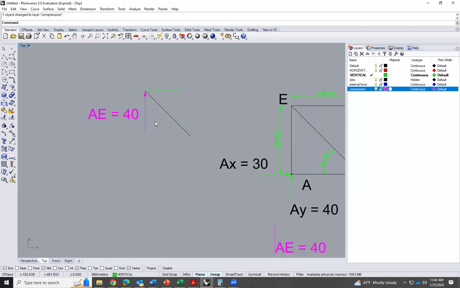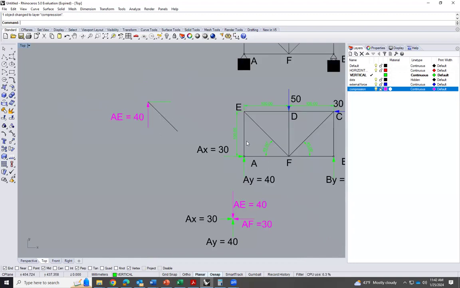Okay, and now we have two unknowns, and this unknown is EF. So I'm going to name that bar EF, and that bar will be ED.